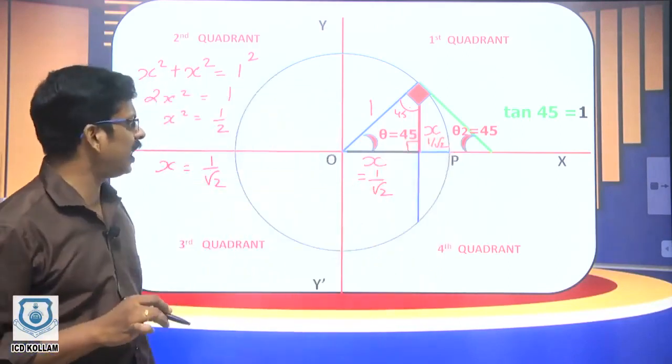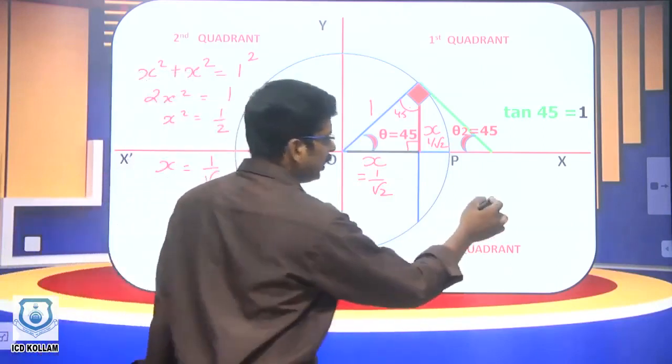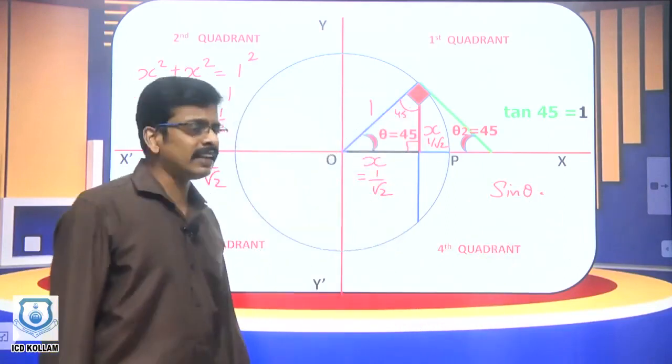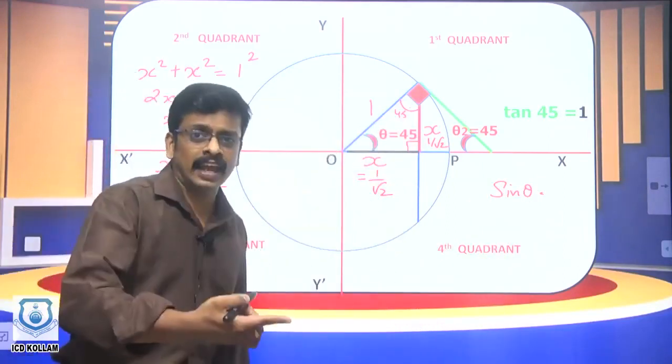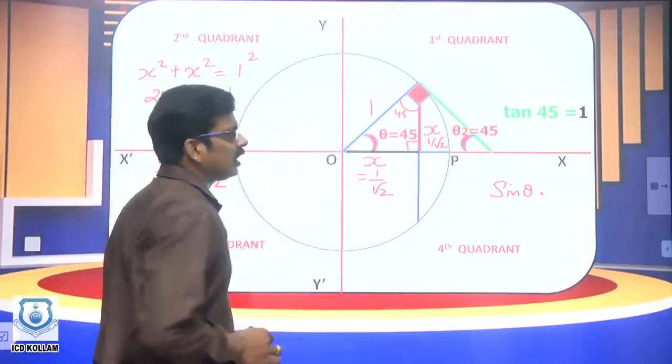Now we can easily find the value of sin theta. Sin theta is actually opposite side by hypotenuse. What is the opposite side of this theta?